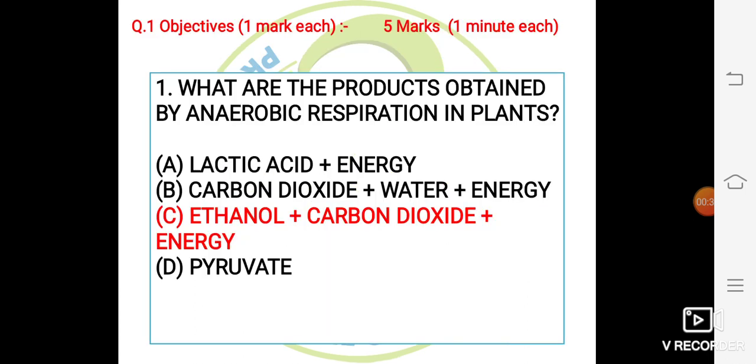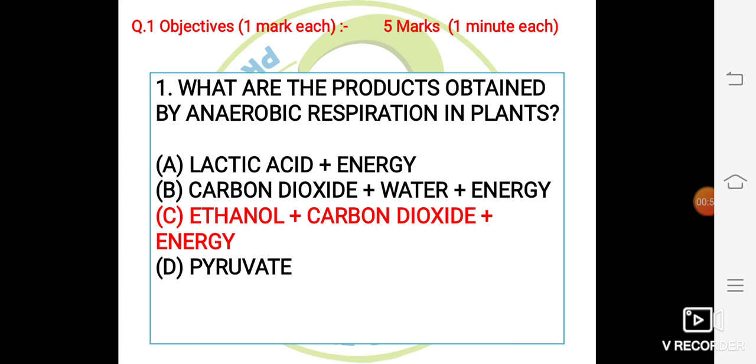As we all know, initially we have objectives, that is 5 objective questions, 1 mark each. The first question is, what are the products obtained by anaerobic respiration in plants? Anaerobic respiration is the one where oxygen is not present.